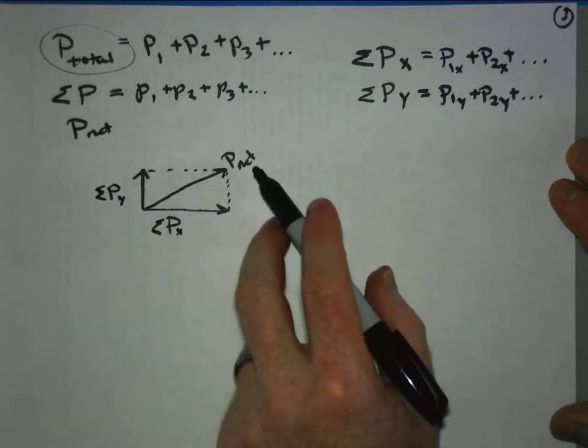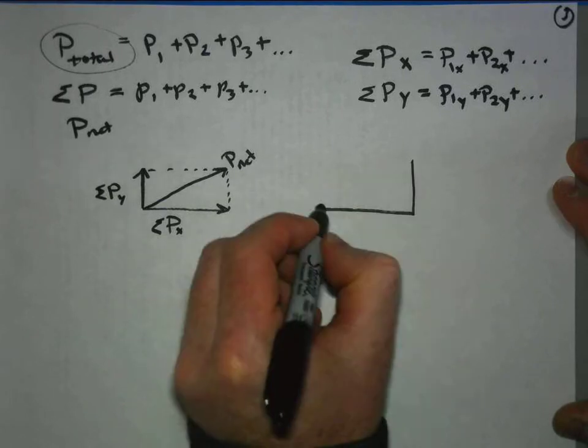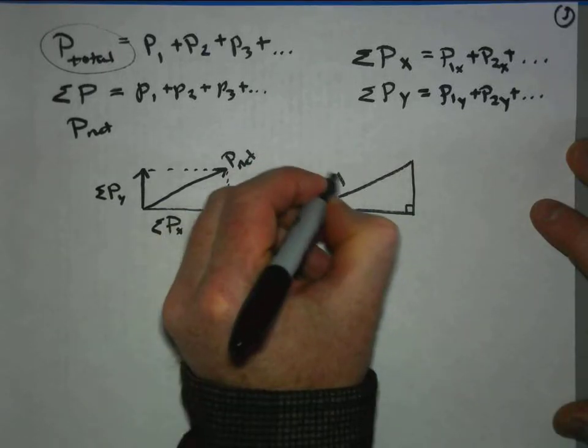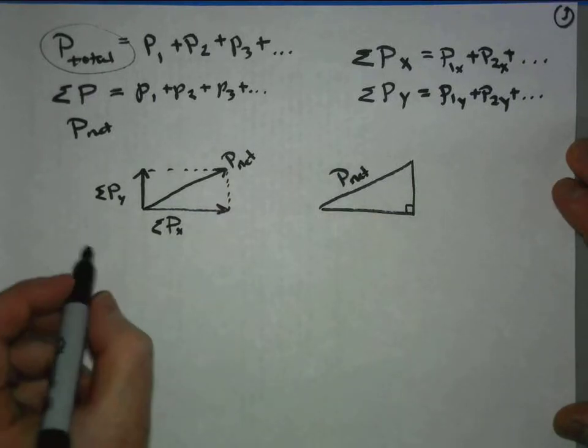So how do you find this one? Well, it looks just like the hypotenuse of a right triangle, no? So net momentum, and how would you find that? That's just the Pythagorean theorem.